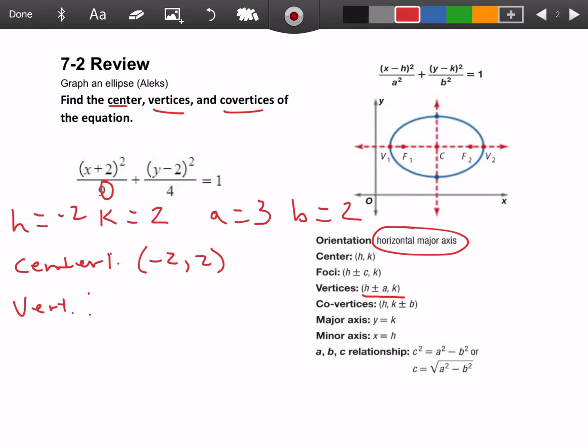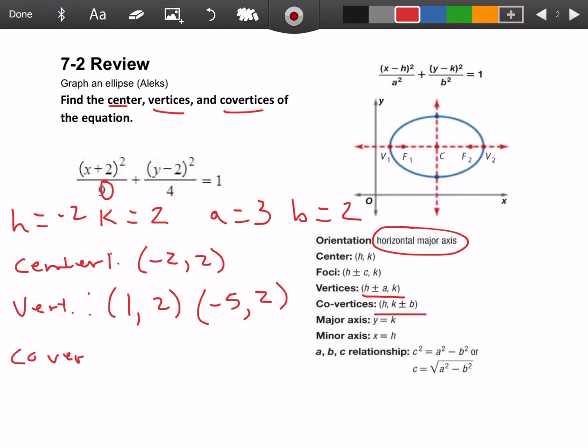So the vertices would be H plus A, so -2 plus 3, which would be 1, and then we just have our K term, which is 2, and then we have H minus A, so -2 minus 3, that would be -5. And then our K term of 2.